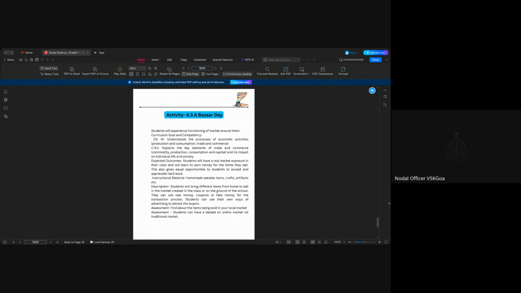So if the teacher wishes to perform this activity and the students are active and energetic, they can bring some homemade edibles, items, craft or artifacts, etc., and then have a small bazaar day in the class itself. This activity can also be conducted in other ways.